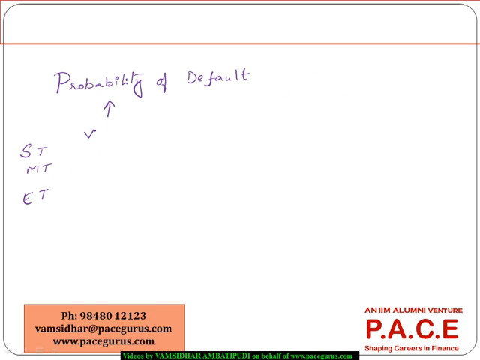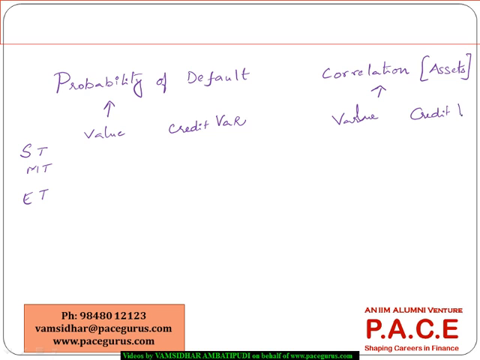Value as well as the credit value at risk. Similarly, I would like to look at the other dimension, which is correlation between the various loan portfolios, or correlation between the underlying assets in the pool. If this is increased, again, what could be the impact on the value as well as on the credit VaR? This is what I am trying to understand now.